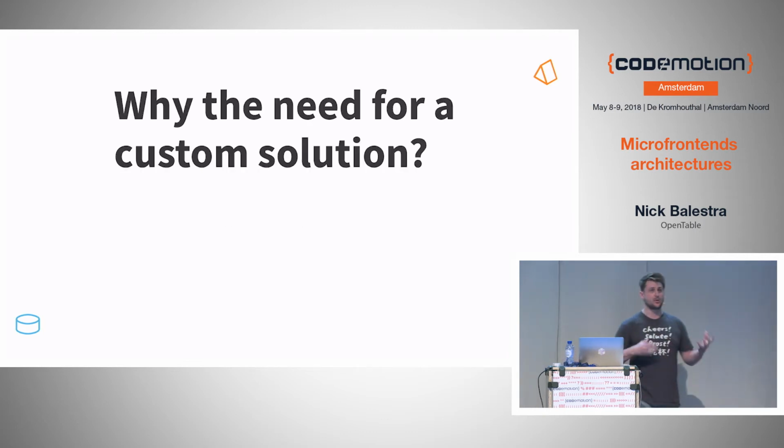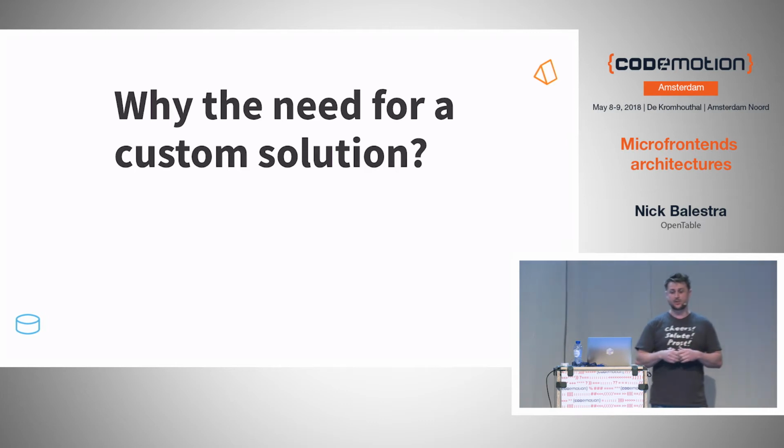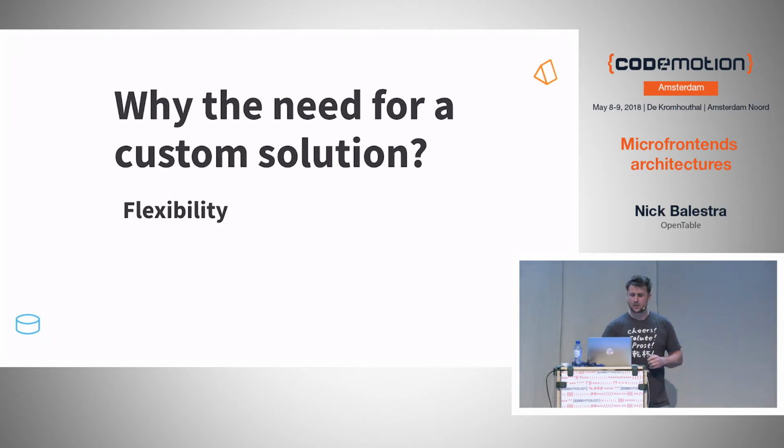So if there are all those solutions that can help us achieve one benefit or another, why did we need to build a custom solution at OpenTable? A few things. The first one is flexibility, in a couple of areas. One is server-side and client-side rendering.